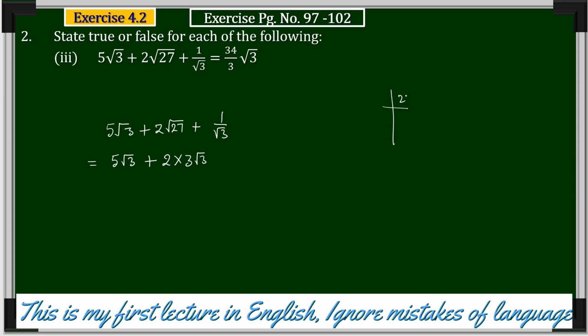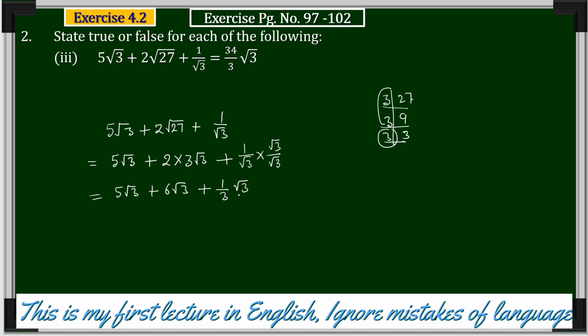For this you have to factorize 27: divide by 3, it's 9, divide by 3, 3. It has a pair of 3, so write 3 outside the root, and that 3 has no pair, so you write it in the root. Plus 1 upon root 3, multiply by root 3 to get the rationalizing factor of the denominator. So it is 5 root 3 plus 6 root 3 plus 1 upon 3 root 3.